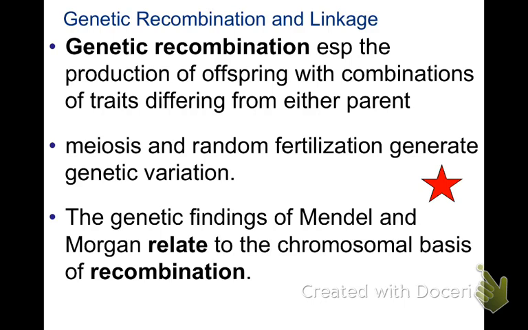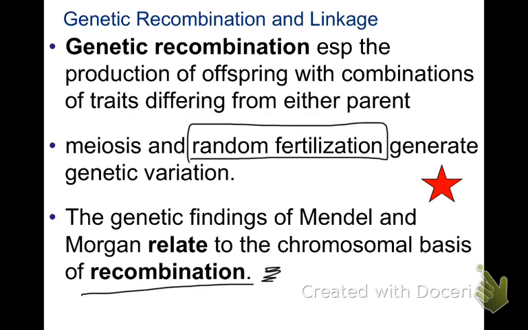Okay, so genetic recombination is especially a product of offspring with combination of traits differing from the parents. And we know that meiosis and random fertilization, or meeting of two individuals of opposite sex, is totally random. So random fertilization also gives you some amount of variations. So the genetic findings of Mendel and Morgan relate to the chromosomal basis of recombination.